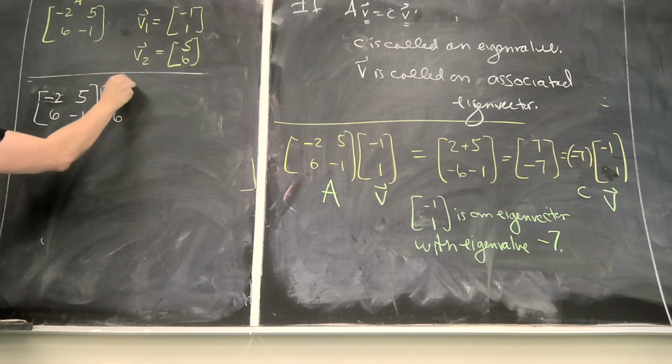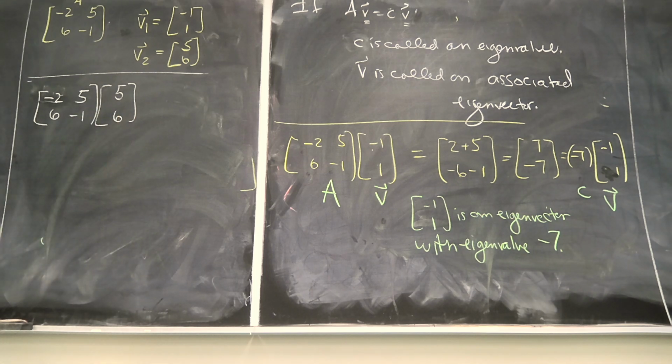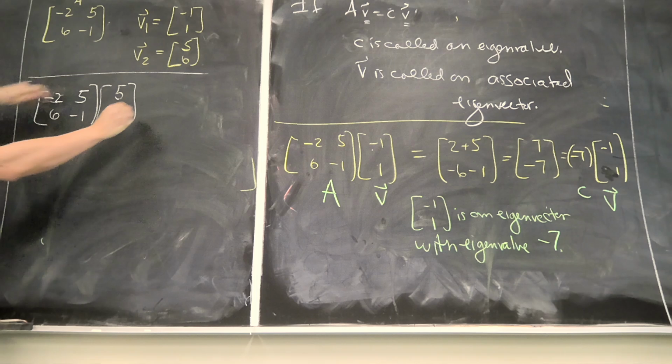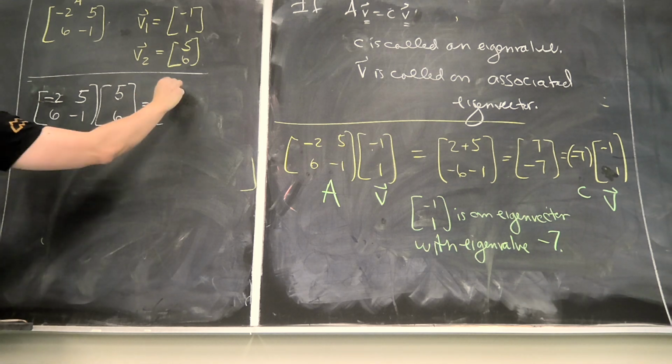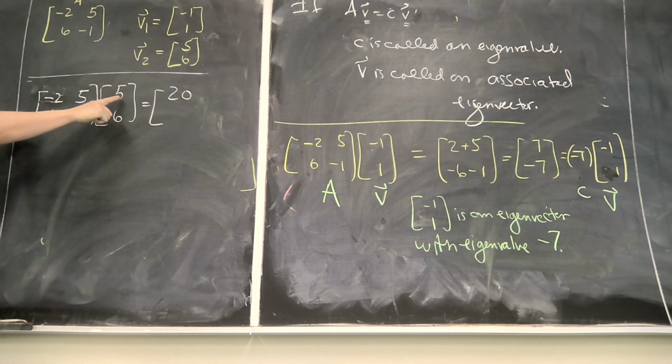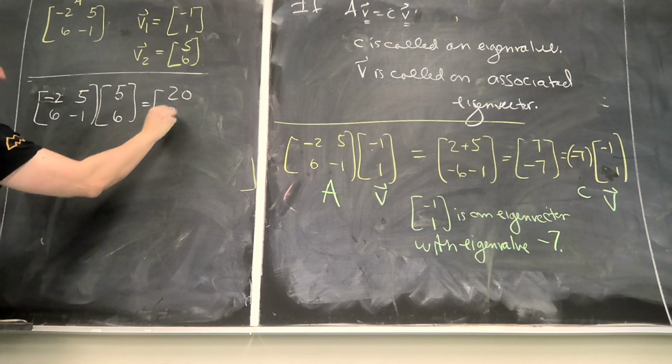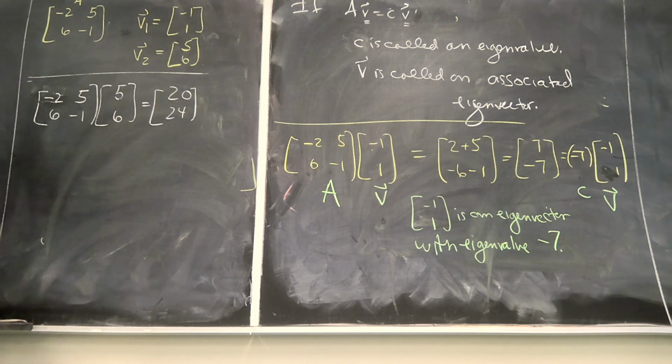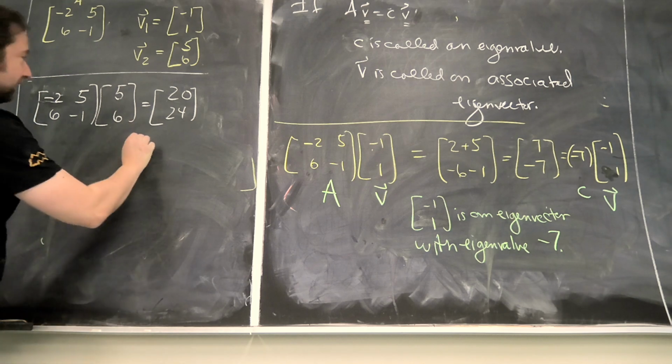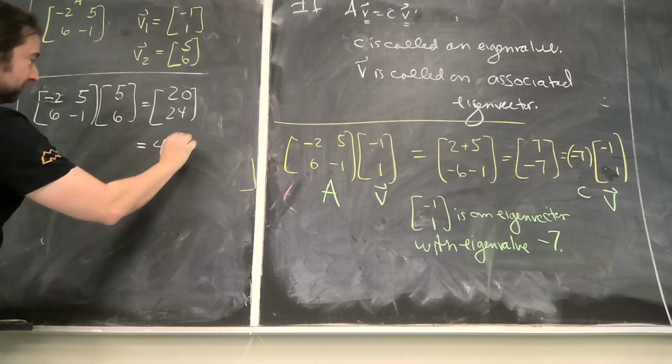[-2, 5; 6, -1] times [5, 6] is -10 plus 30, which is 20, and then 30 minus 6, which is 24. And again, that is not the original vector, but it is 4 times the original vector.